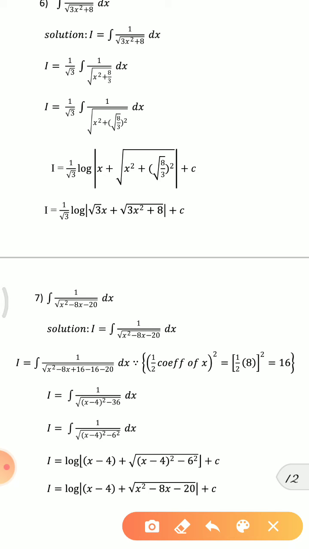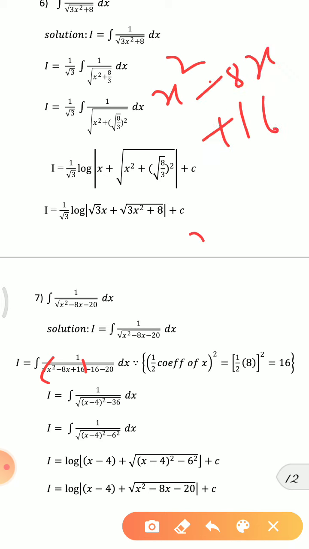Then we are taking this term in one bracket here, that is x square minus 8x plus 16, and the form of this is x minus 4 the whole square, and minus 16 minus 20, minus 16 and minus 20 is minus 36.